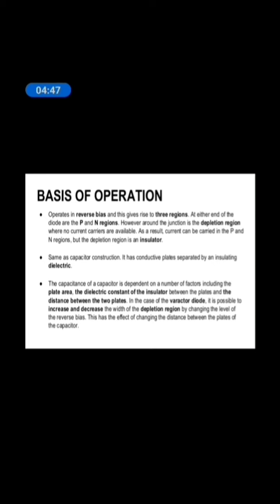This has the effect of changing the distance between the plates of the capacitor. In this diagram we can see that if we increase the reverse bias voltage, then capacitance decreases and the width of the depletion region increases.